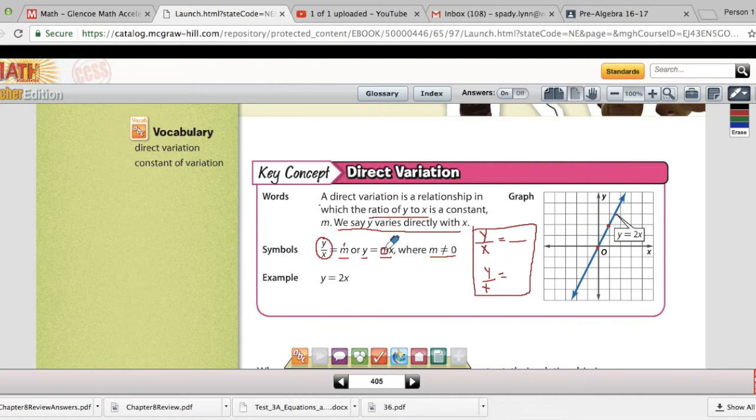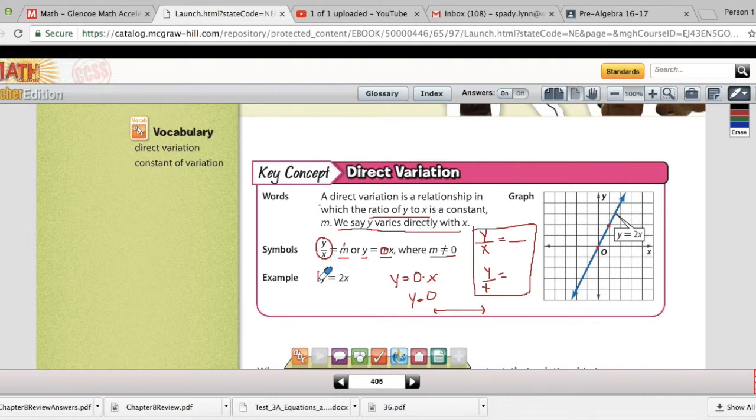We know that anything times 0 is going to be 0, and then we'll have something like this: y equals 0 times x, which is y equals 0. And that is a linear equation. It's still going to make a horizontal line at the number 0, but it's not going to have that component where the y value is varying directly with x.